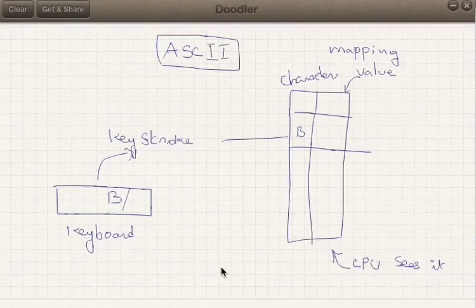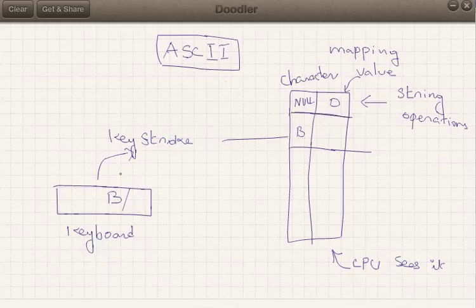That means a value 0 is actually the null character. You will use this in string operations in C language. We will go over this when we talk about strings. The string operations predominantly deal with null values.